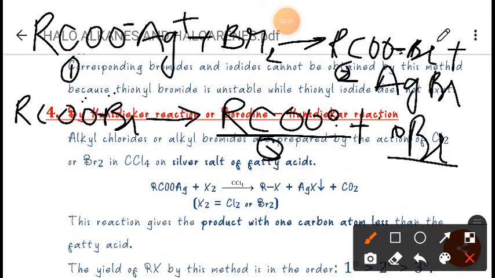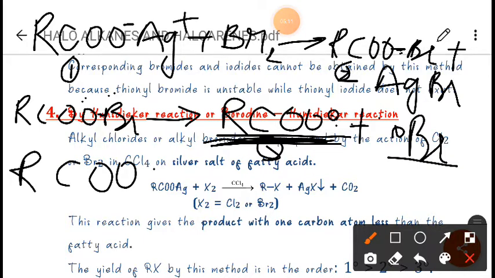Now the RCOO radical will break to form an R radical, and CO2 will come out from the reaction.